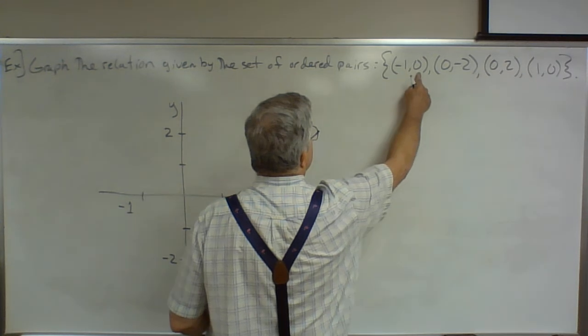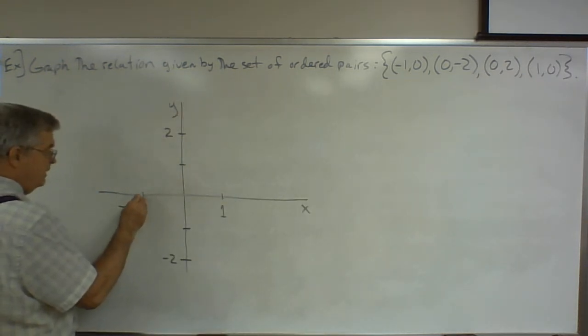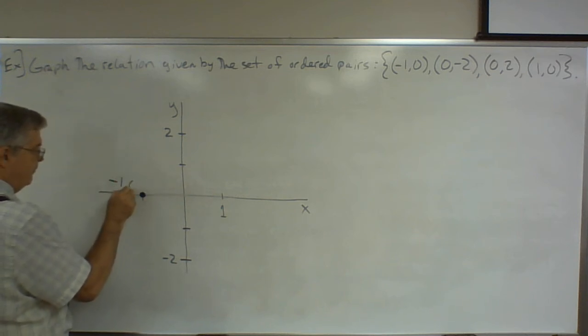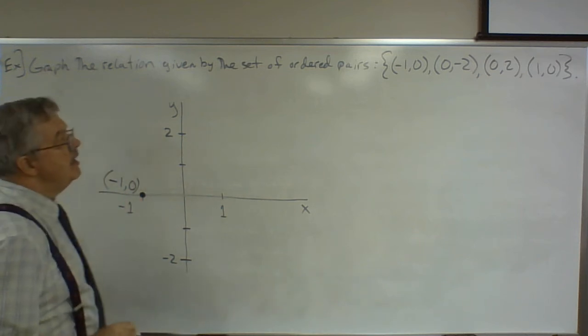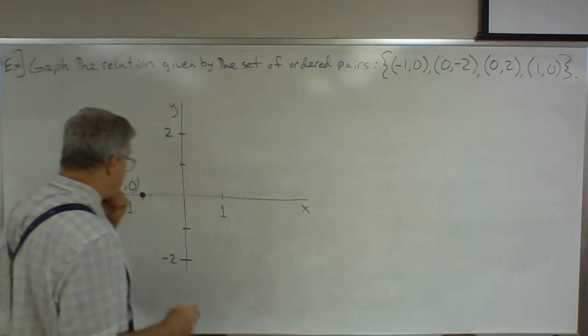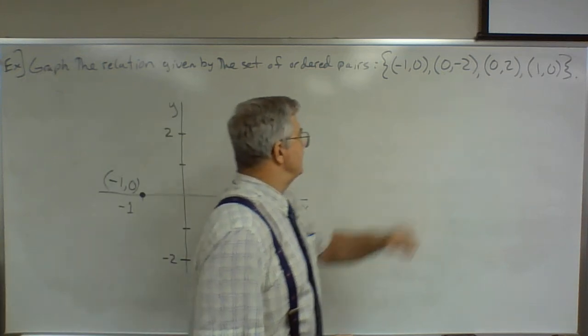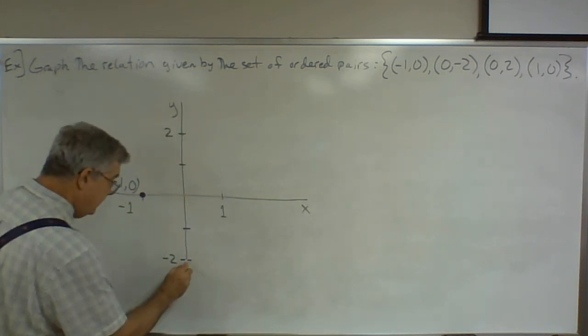X equals -1, y equals 0. That's right. X equals 0, y equals 2. No. X equals 0, y equals -2. So that's right here.